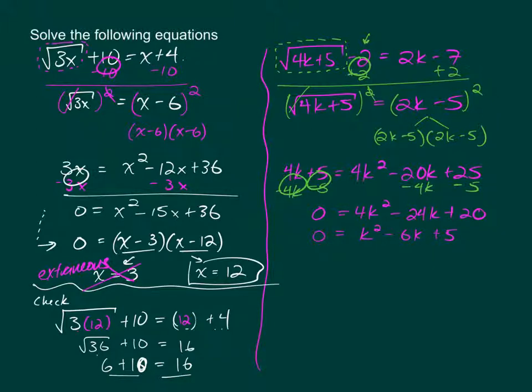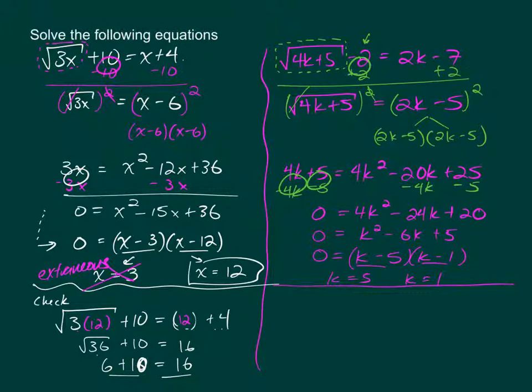And this gives us the factors k minus 5 and k minus 1. And if you set each of these equal to 0 and solve for k, you'll get k equals 5 and k equals 1. Now that we have two answers, we need to check.